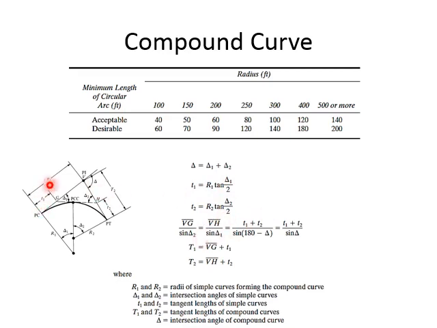Okay, then you see between PI, G and H, we have a triangle here. And in this triangle, this angle is delta 1, this angle is delta 2, and obviously this one will be 180 minus delta 1 minus delta 2, right? The summation of three angles of the triangle will be 180, right? So if you have the first angle and the second angle, the third one will be 180 minus these two. And delta 1 plus delta 2 equals delta.